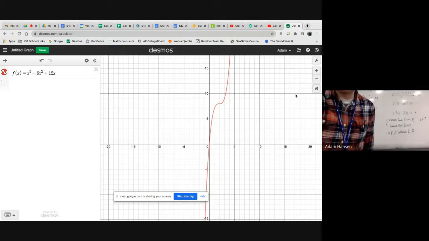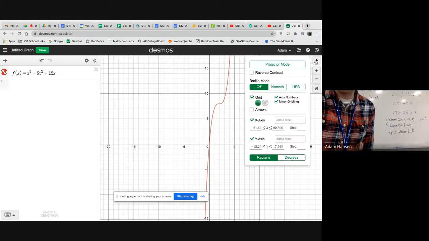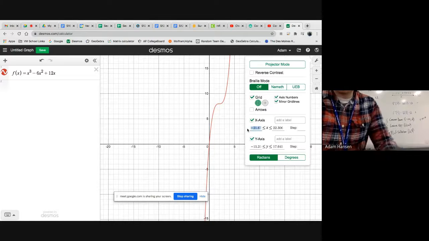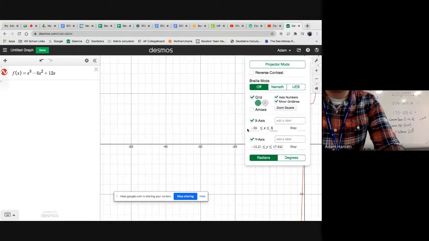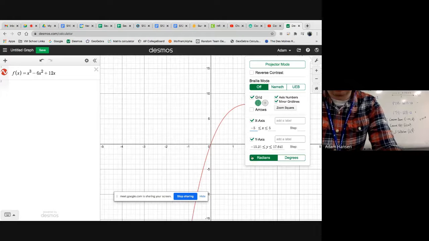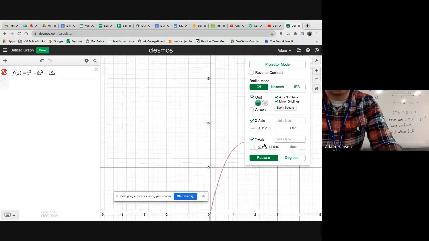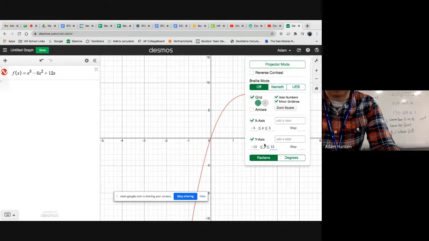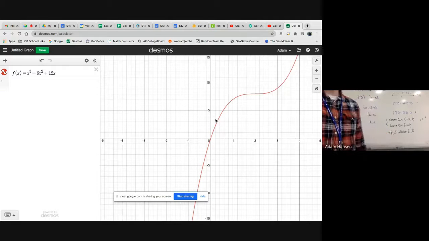I can make a little bit better window by using my wrench icon to adjust the settings. Let's maybe go from -5 to 5 on the x-axis, and maybe -15 to 15 on y. Now there's a decent picture of my function.